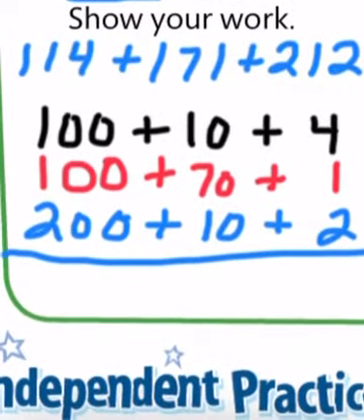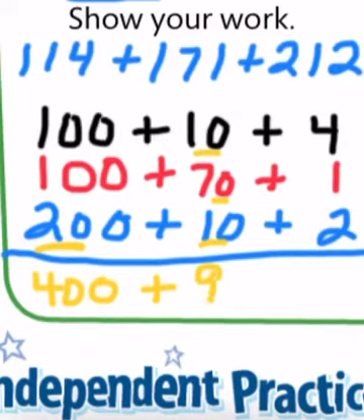So when I add my hundreds up here, I have 100 plus 100 is 200, plus 2 more hundreds is 400. I leave my plus sign down here. Now I'm going to add up those tens. 10 plus 10 is 20, plus 70 is 90, or I could start with 70. That's what I usually do. I start with the bigger number. So 70 plus 10 is 80, plus 10 more is 90.